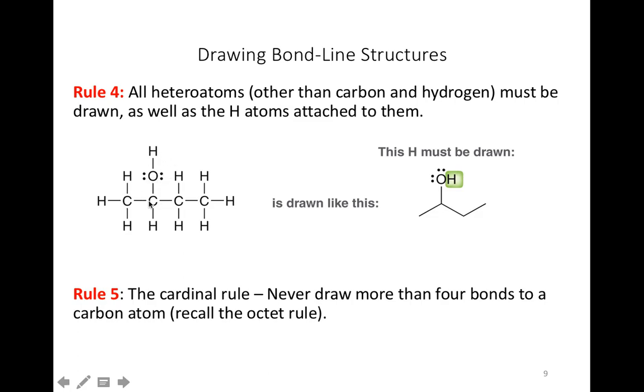So if I'm drawing the bond line structure of this, I've got 4 carbons in a chain, so 1, 2, 3, 4. The oxygen's coming off carbon 2. I have to show that oxygen, and I have to show the hydrogen that's attached to the oxygen. Those aren't understood. And then sort of the cardinal rule: never draw more than 4 bonds to a carbon atom. Carbon can't expand its octet, so we'll never have more than 4 bonds on a carbon.